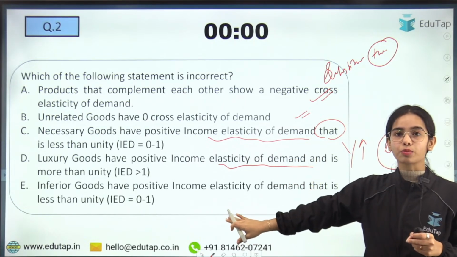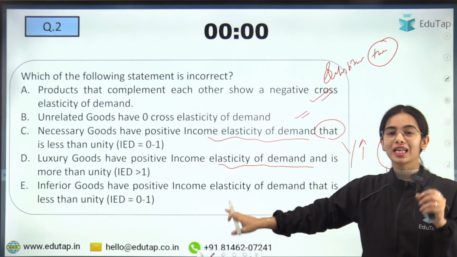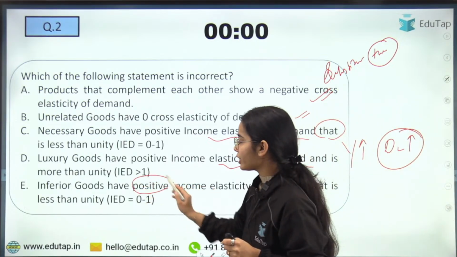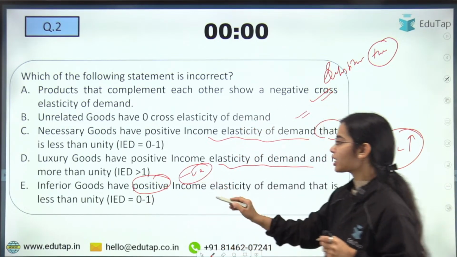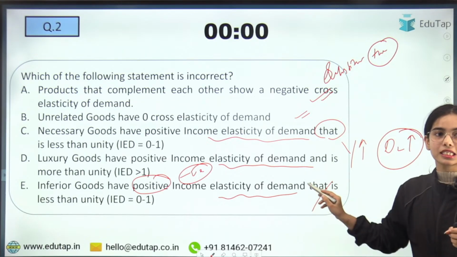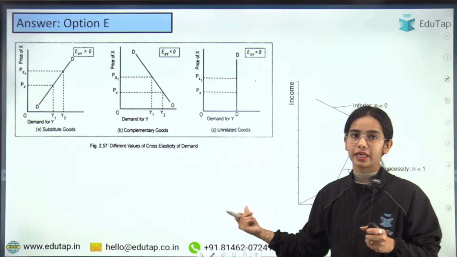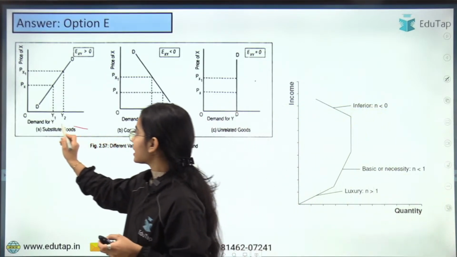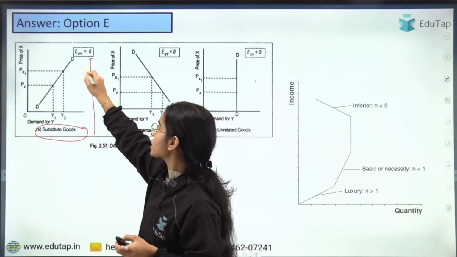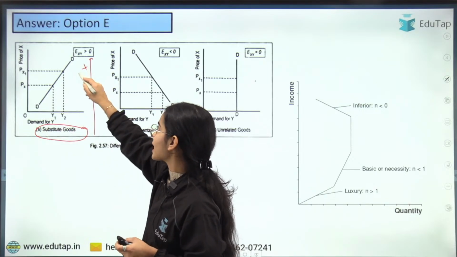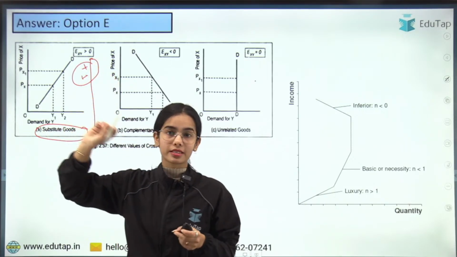Now come to option E: inferior goods actually have negative income elasticity of demand. So statement E was incorrect. Here you can understand that substitute goods have positive cross elasticity of demand.